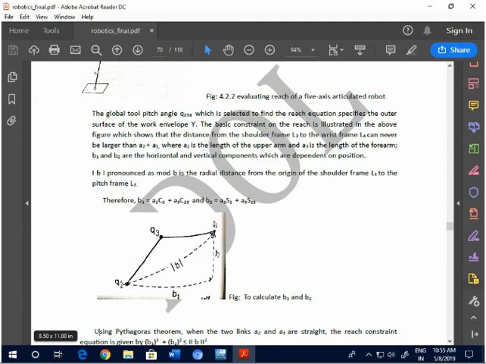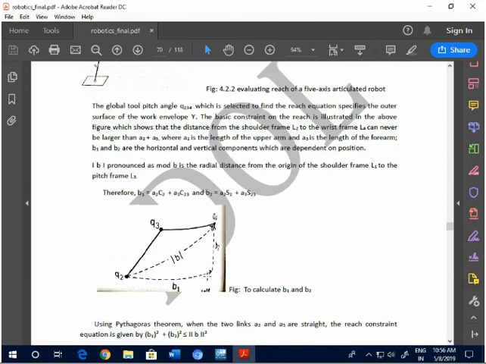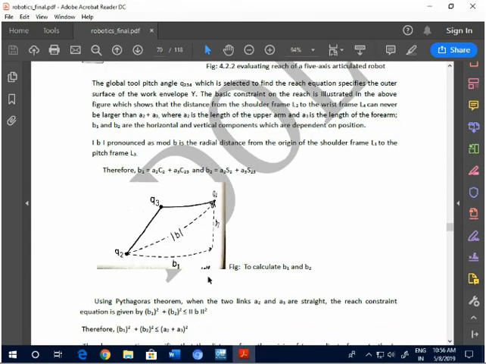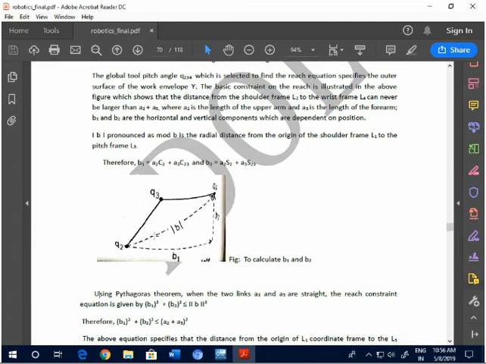Okay, we were finding out the equation B1 equal to what? A2C2 plus A3C23. Okay, and B2 is equal to A2S2 plus A3S3. Now see, if we get the resultant from here, between the two links A2 and A3 being straight, the reach is given in the form of the Pythagoras theorem.